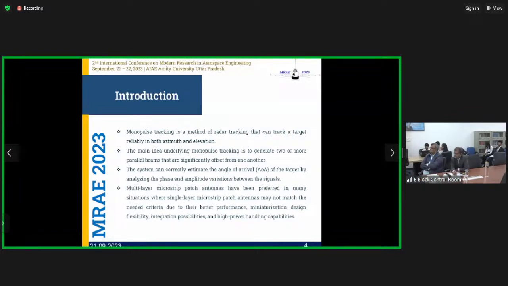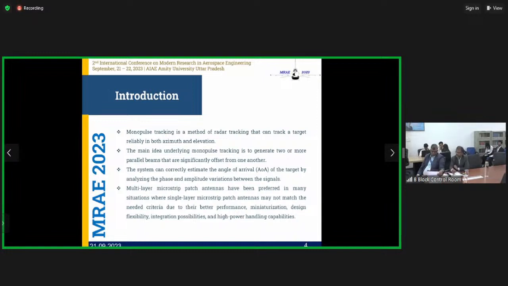This is the introduction. Monopulse tracking is a method of radar tracking that can track a target reliably in both azimuth and elevation. Multiple antennas are employed in monopulse tracking to capture the echoes or signals reflected from the target at the same time.